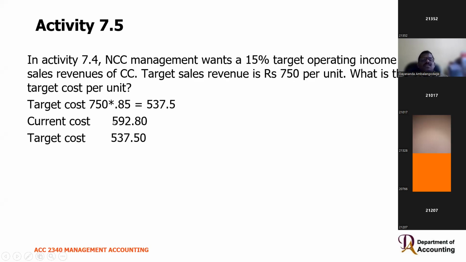Assume the current cost is 592. The difference between these two, the current cost and the target cost, would be the cost reduction. Now we need teamwork to reduce the existing cost structure per unit by 55.30. That is the logic.